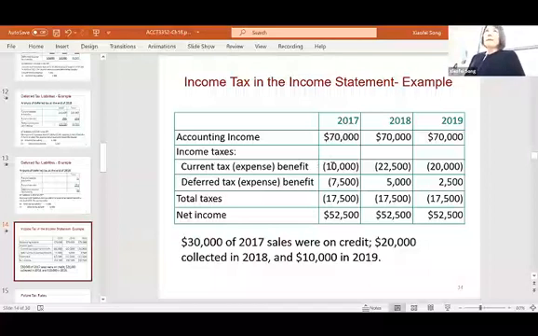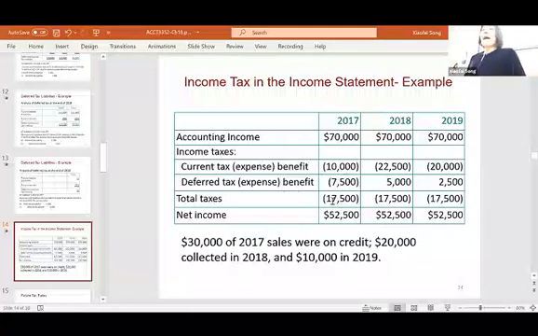The negative number in brackets means expense. It's 10,000. We calculated that four slides back, when we calculated taxable income and adjusted for that difference. And the deferred tax expense is 7,500.